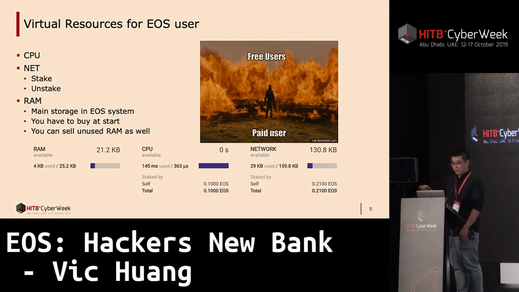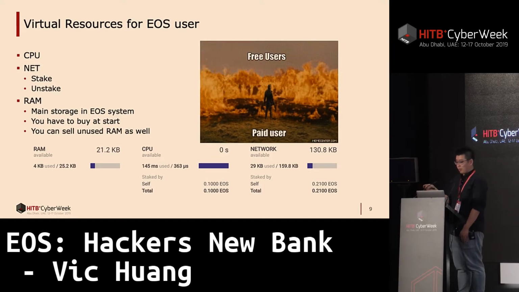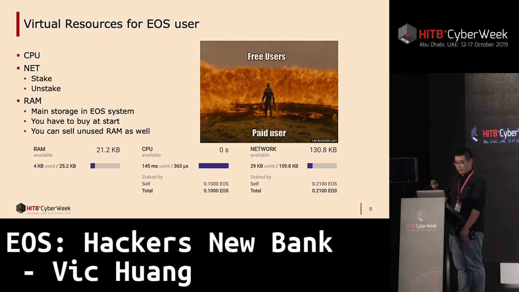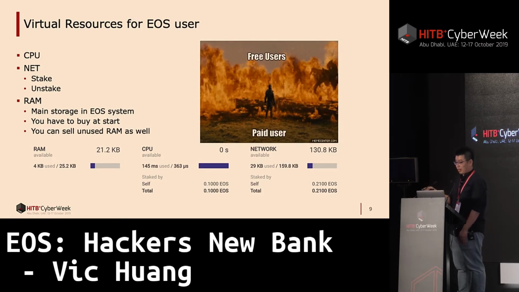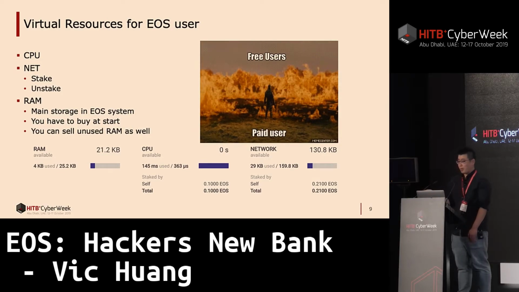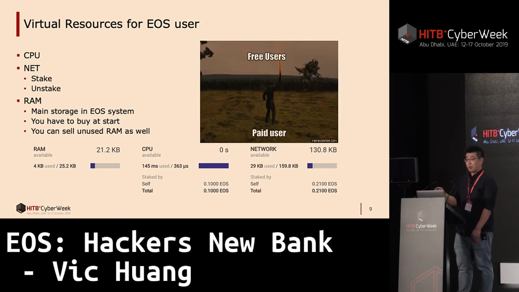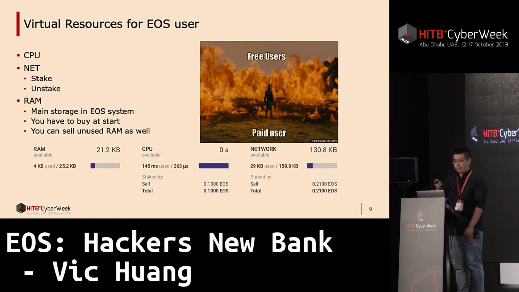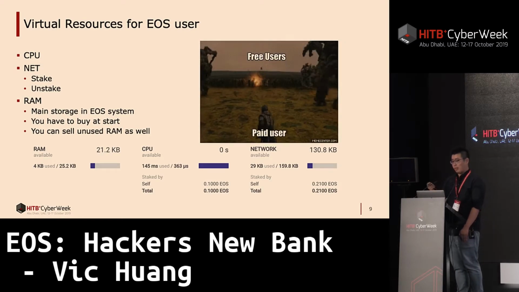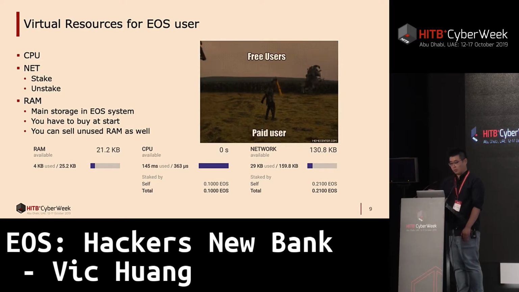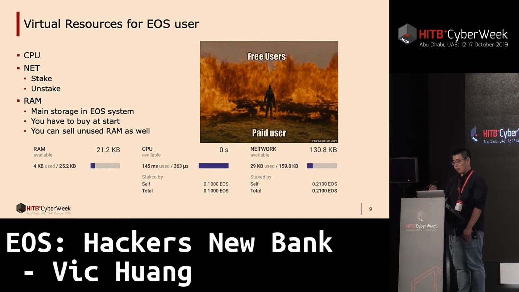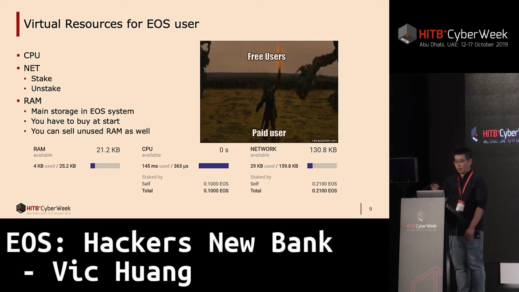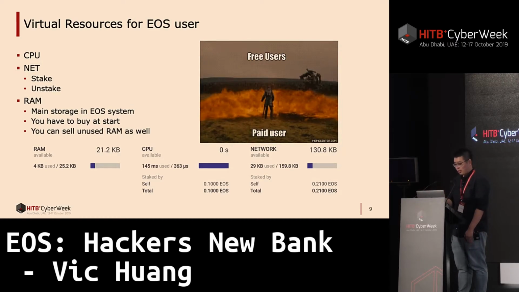Here's an example. If you have 13 EOS and you buy your RAM, the free-flowing amount of EOS is only 12, because you have to stake 1 EOS for CPU and net, so you can transfer money or do transactions with other accounts or contracts.